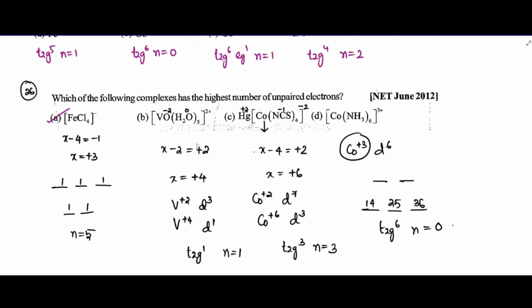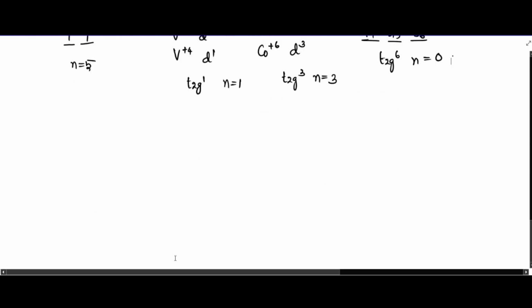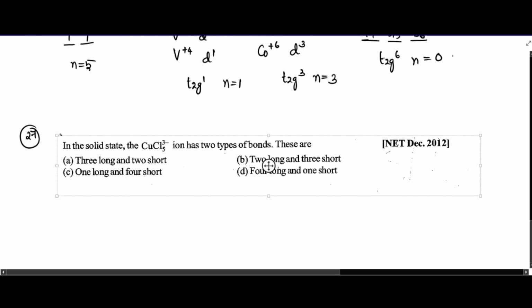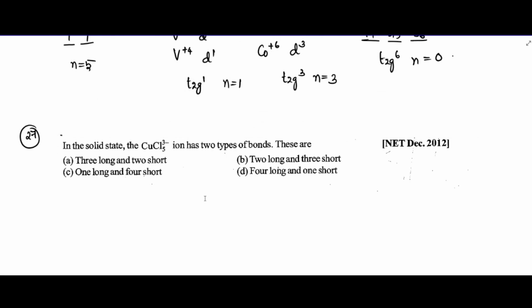Okay, this is again from the next question, 27. What is asked here is: in the solid state, the CuCl5 3- has two types of bonds, can you tell which option is correct?